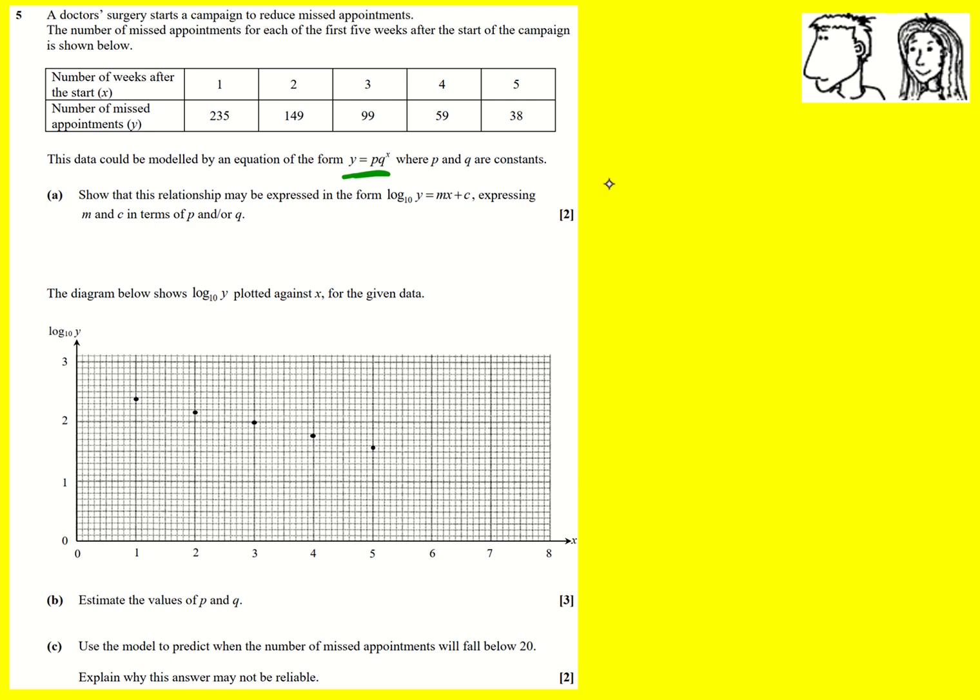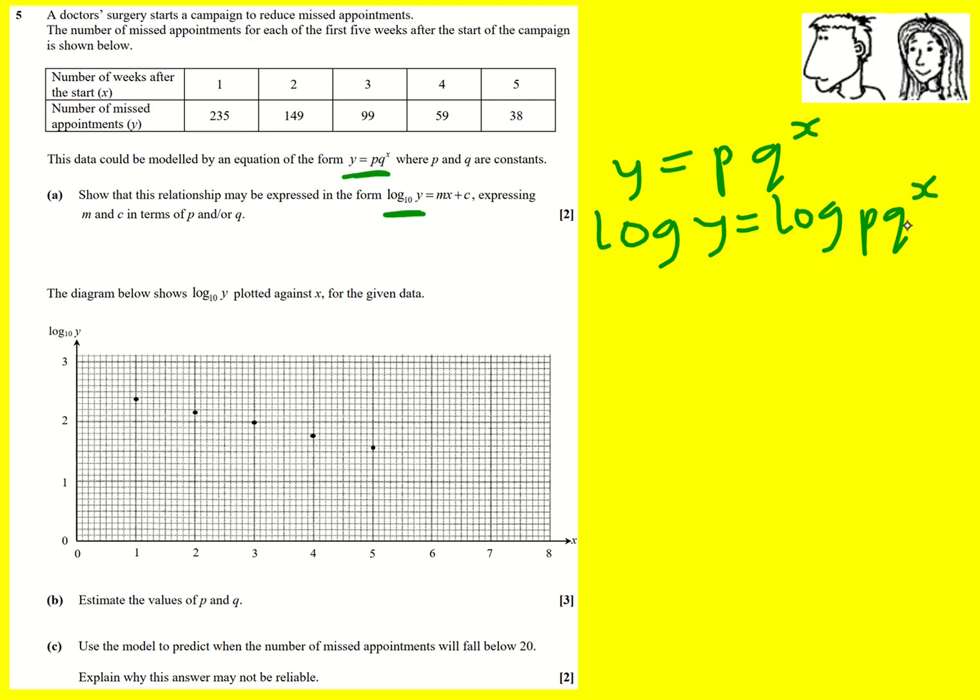So if I've got that y is equal to pq to the x, I can see from the answer that I want to take log to base 10. I'm just going to write log because that means base 10. Log y equals log pq to the x, and now I can use my rules of logs.